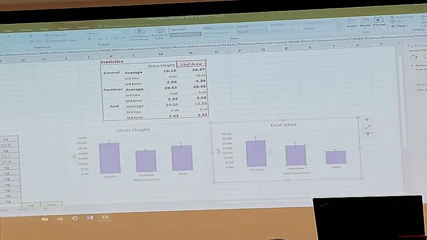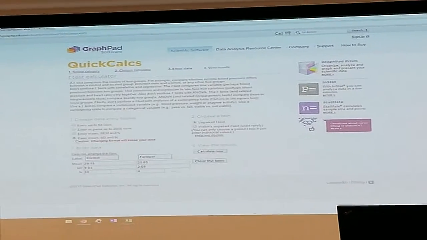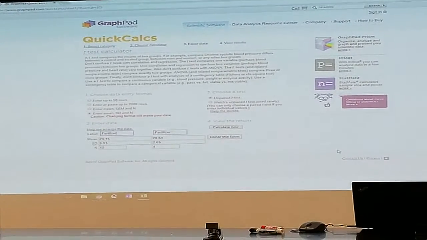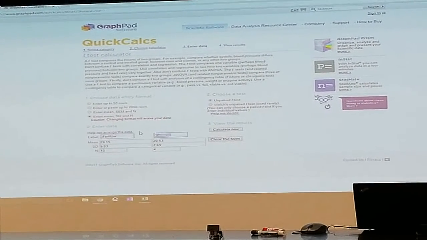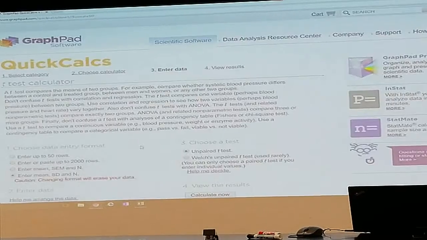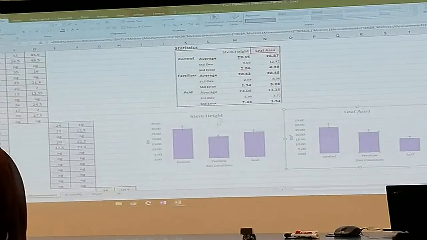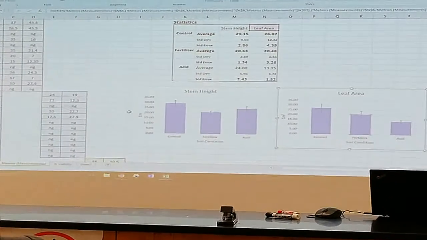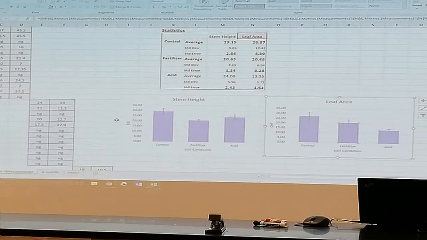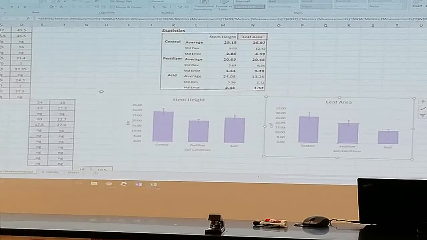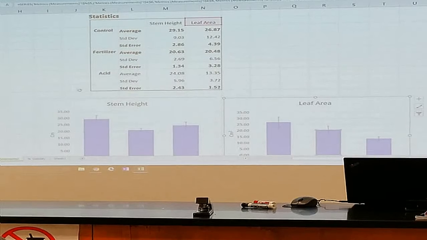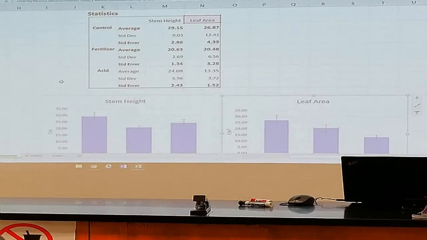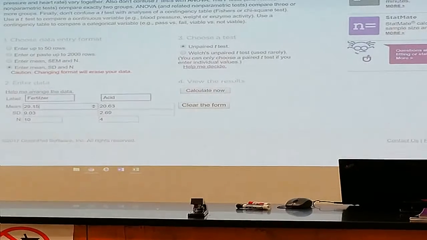So if I go back to my t-test calculator, let's run another one here. So I'm going to do the fertilizer group and the acid group. And so the mean for the fertilizer group was what? The leaf area now. What's the mean? What's the average for the fertilizer group? 20.8.